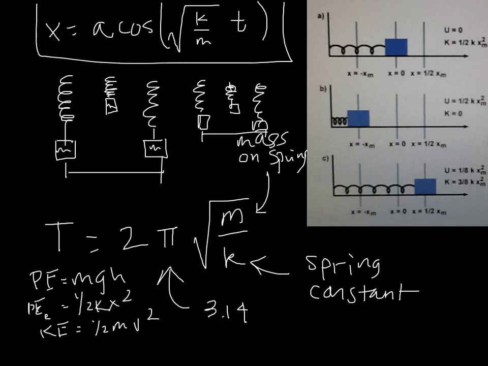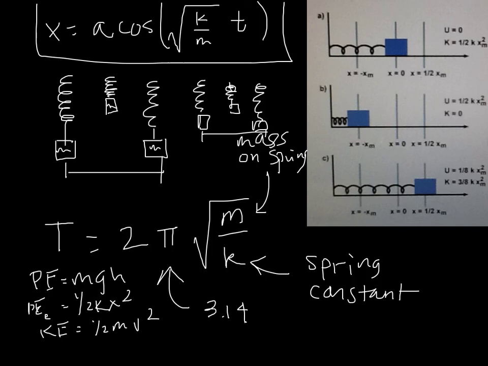We could solve for the mass on the spring given the period, and then we could use that to find out the kinetic energy at a given location, or the potential energy. We can solve problems that have multiple parts now.